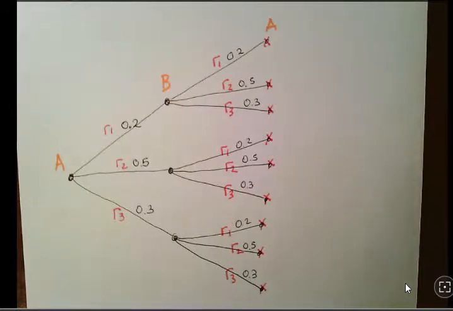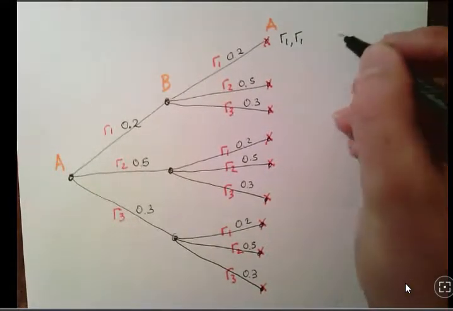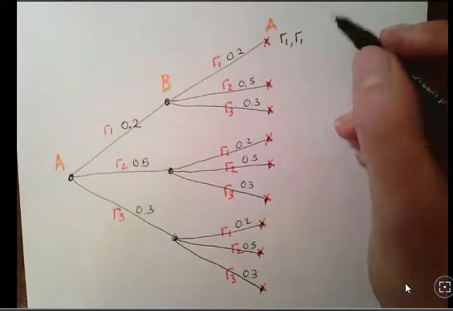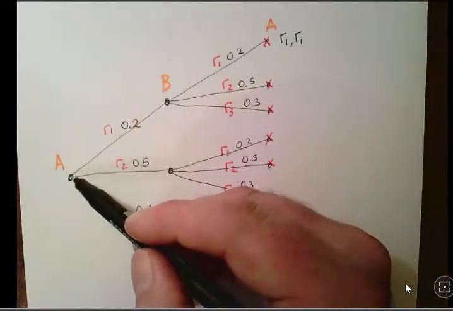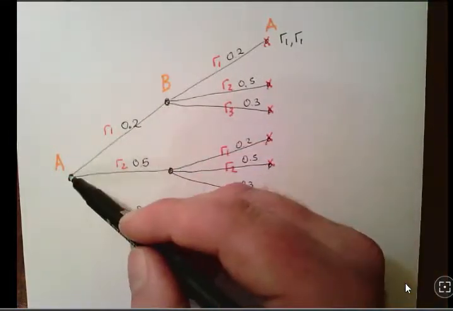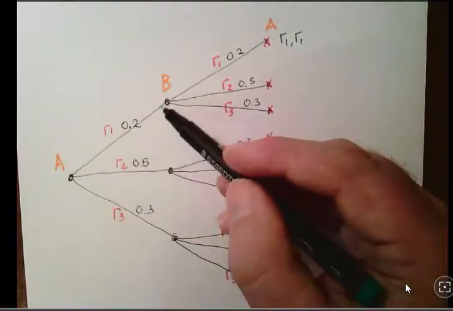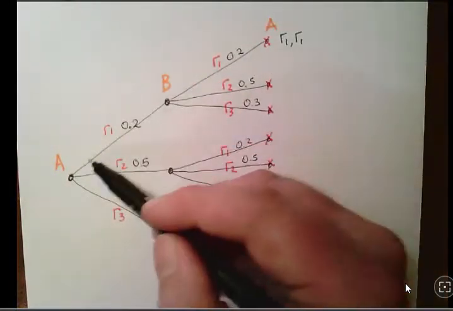For the first outcome, I'm just going to use a different color pen. This is route 1 out, route 1 back. The probability of that is simply, for each leg from the root node to the terminal node, multiply the probabilities of each stage.